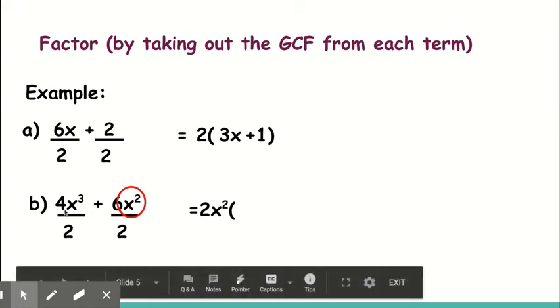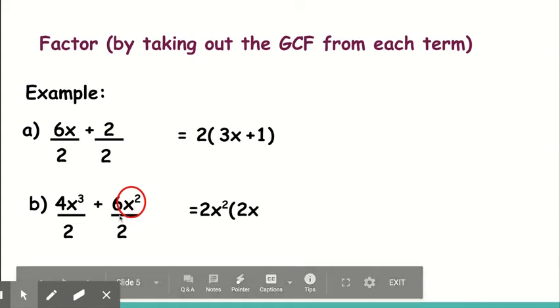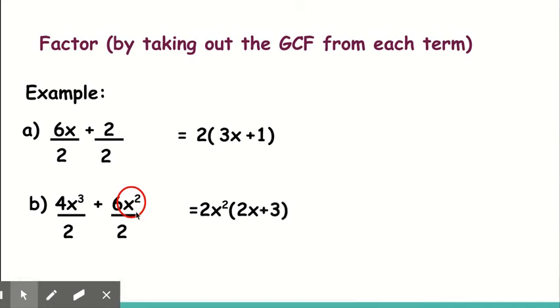So 4 divided by 2, and then we're pulling 2 x's out of this. So I'm left with just 2x. And then for the 6x squared, I'm dividing it by 2, and then I'm pulling x squared out of it. So I'm left with just plus 3.